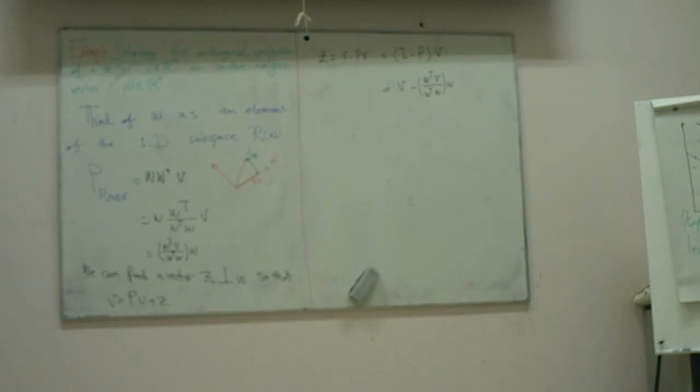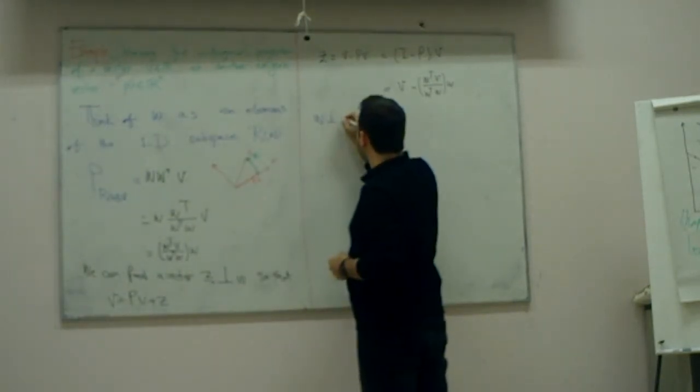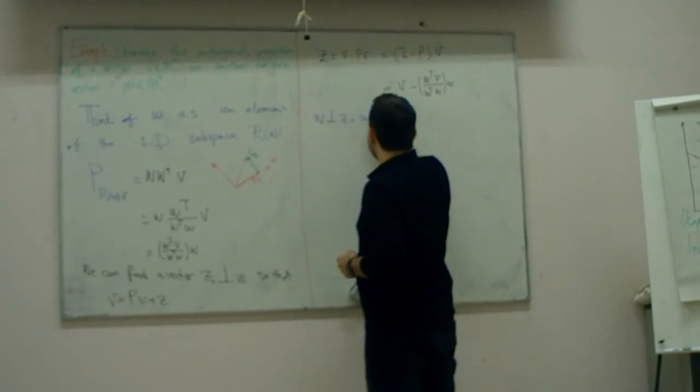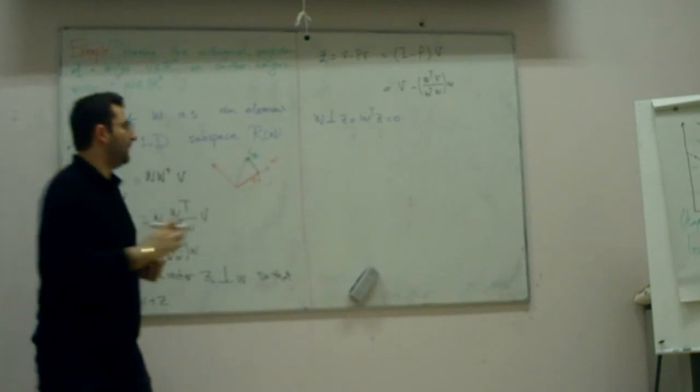How do I know that W and Z are orthogonal? Prove or show that W and Z are orthogonal. What is the meaning of orthogonal? How can I understand two vectors are orthogonal? Right, this is the meaning.